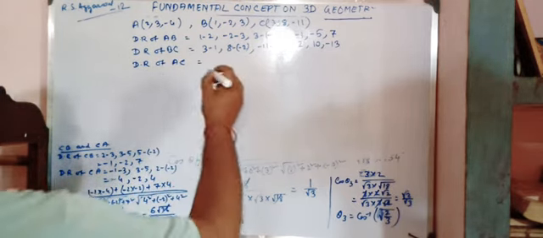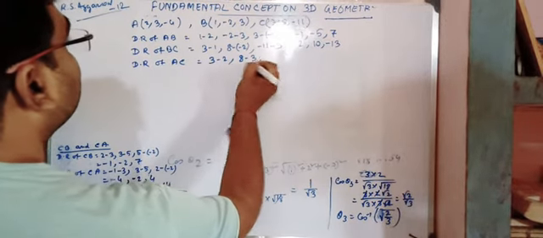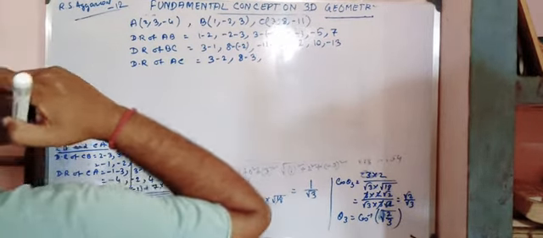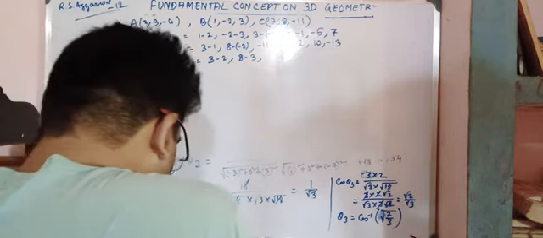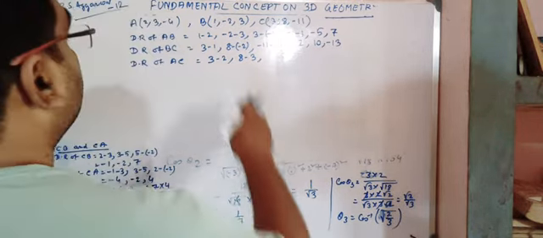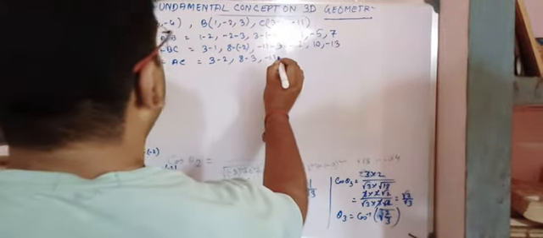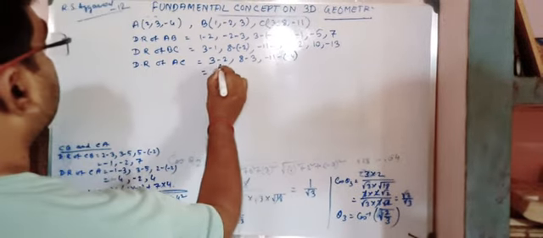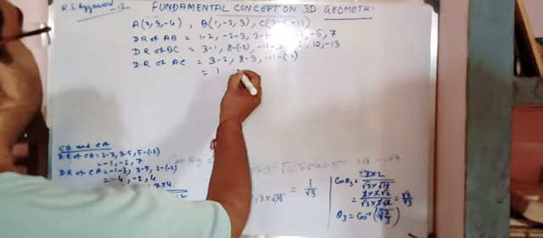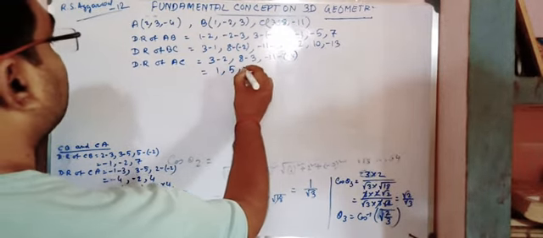Next we have to find the direction ratio of AC. Direction ratio of AC is 3 minus 2, 8 minus 3, and minus 11 minus of minus 4. That is 1, 5, and minus 7.